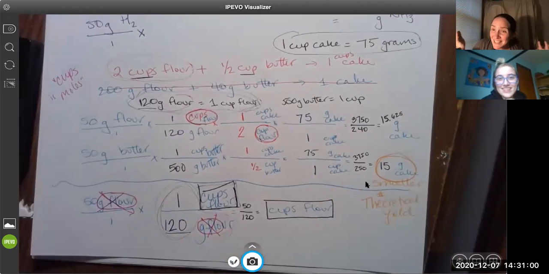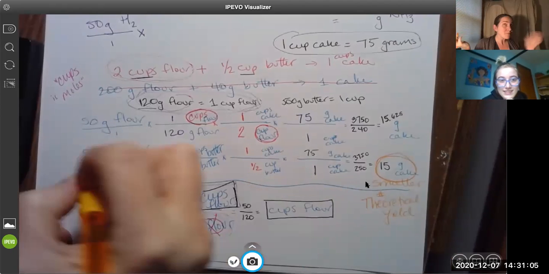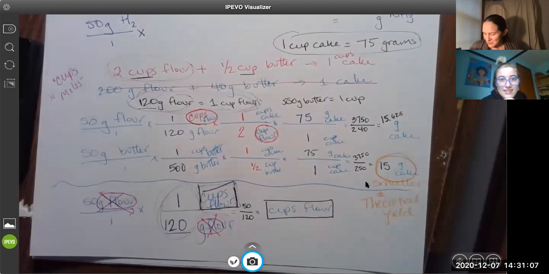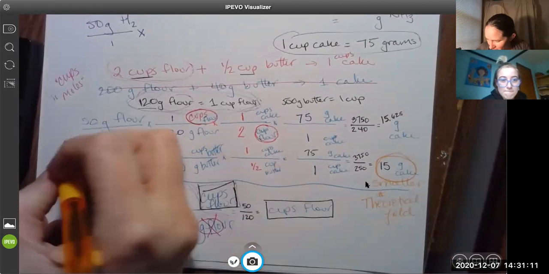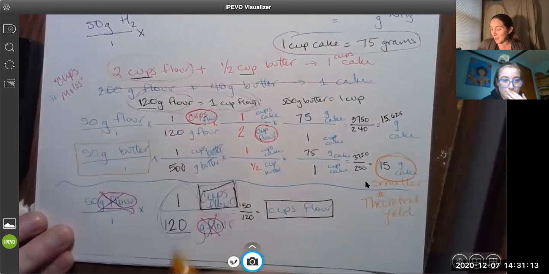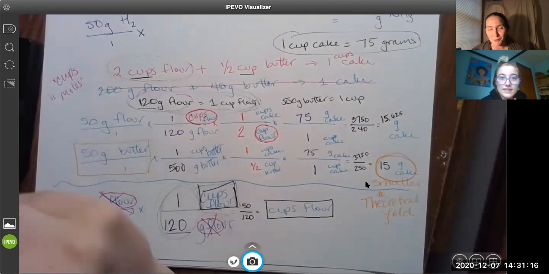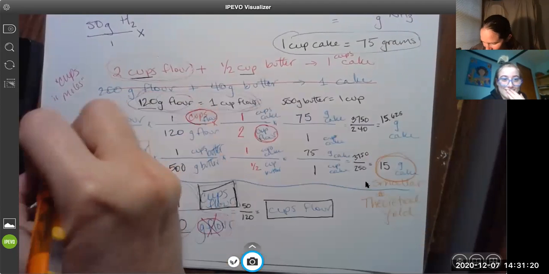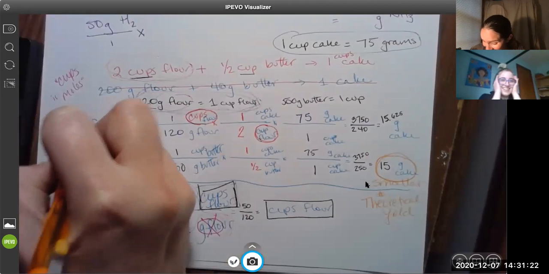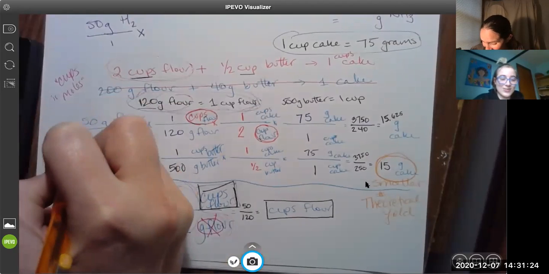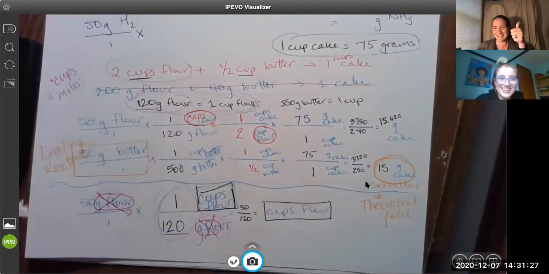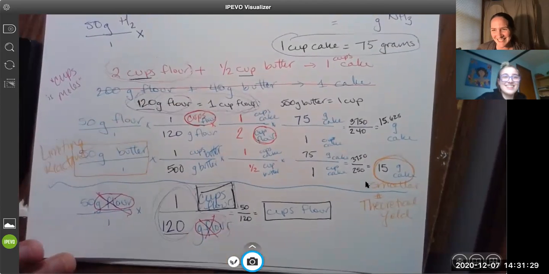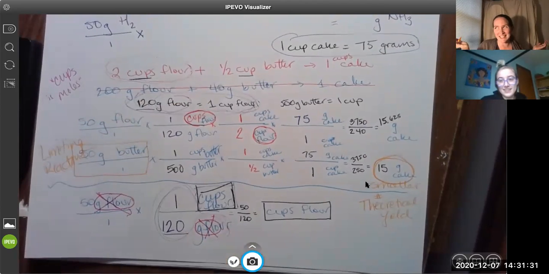You just did that last step also. Which of these things ran out? The butter ran out. And you've got 2 options, limiting and excess. If it ran out, it's probably the limiting. There you go. So which one's the excess?